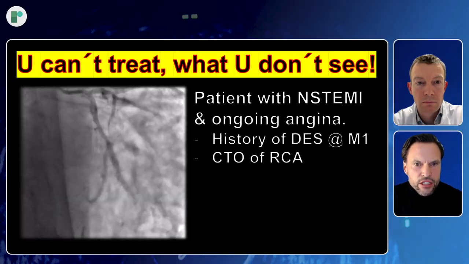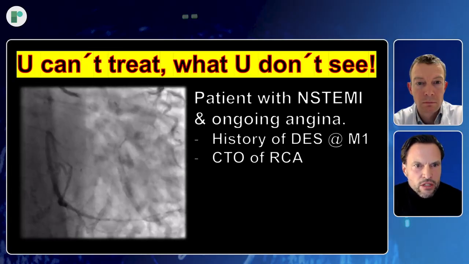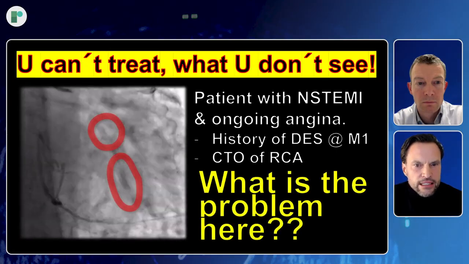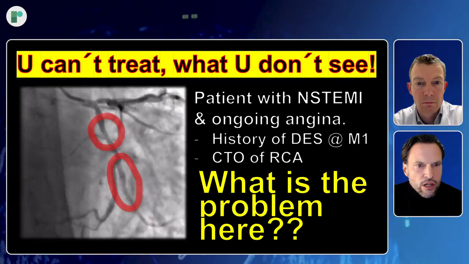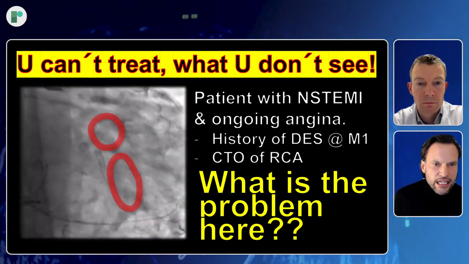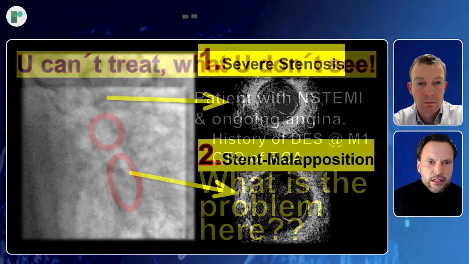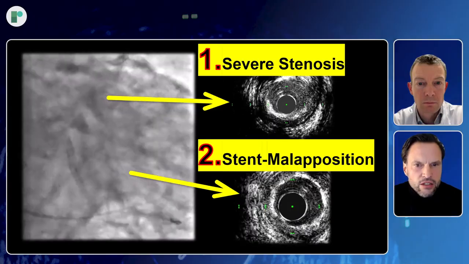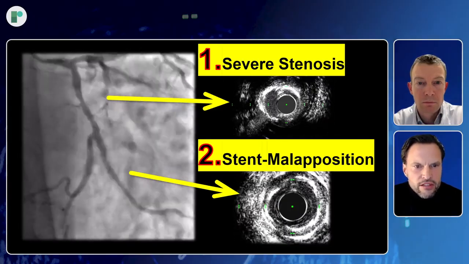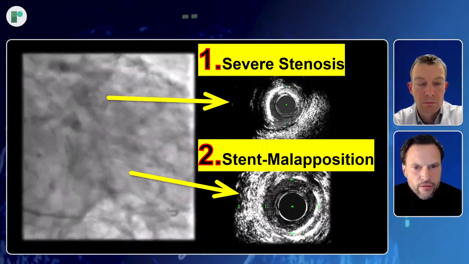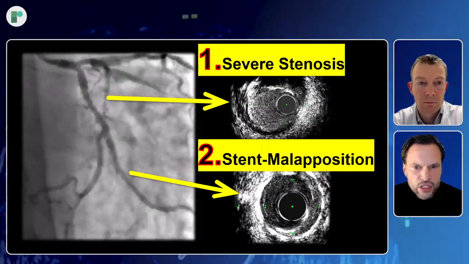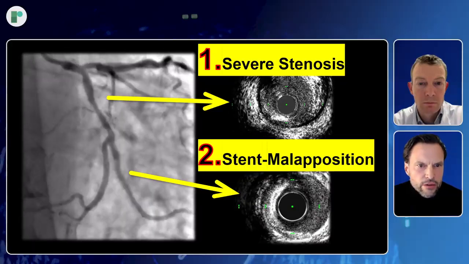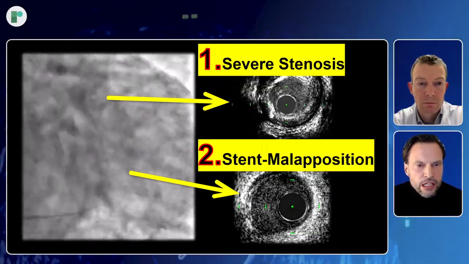And this is another patient presenting with symptoms, and you see these 2 lesions in the circumflex. Without intravascular imaging, it's not really understandable what's going on there. But by doing intravascular imaging or IVUS, we see that this patient had 2 problems. In the distal part of this circumflex, there's a stent malapposition, which may be significant for this patient and increases the risk for target lesion failure.